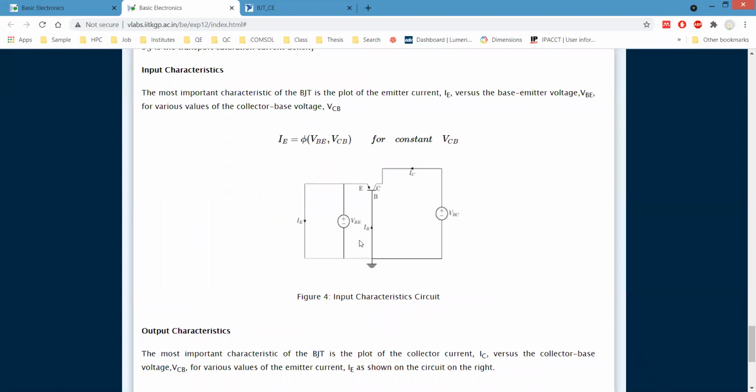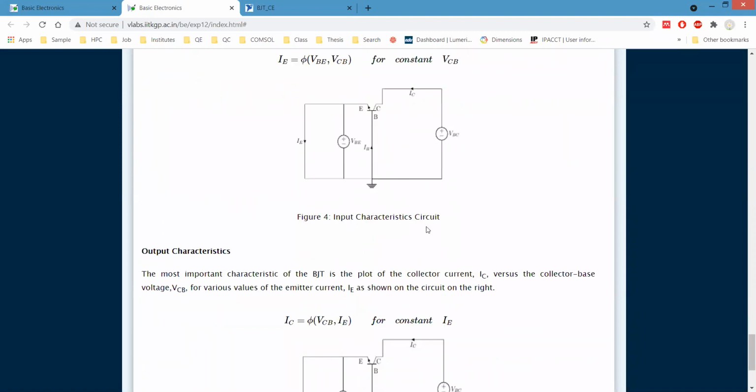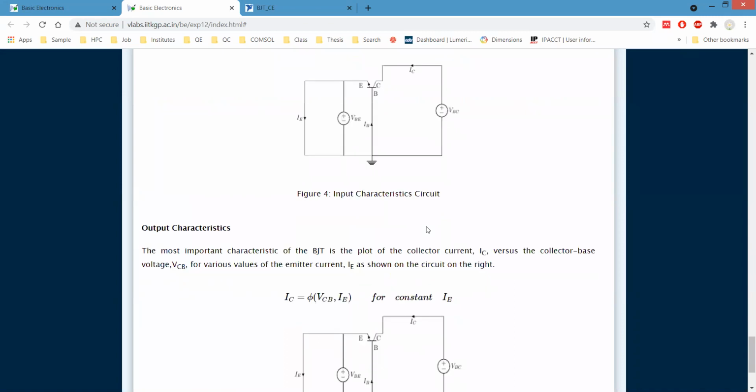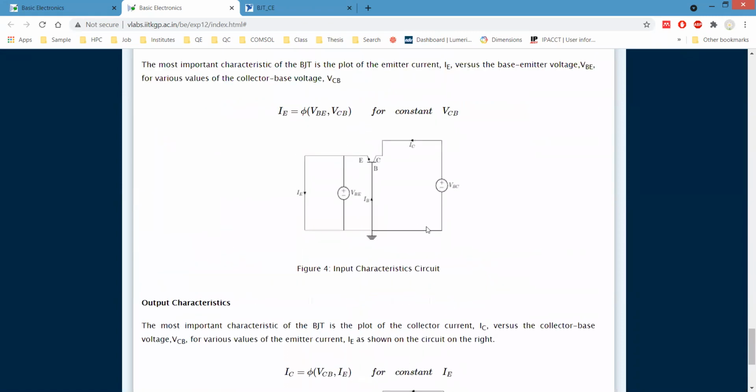As you can see, this is your input terminal and this is your output terminal. We have to study the input and output characteristics.